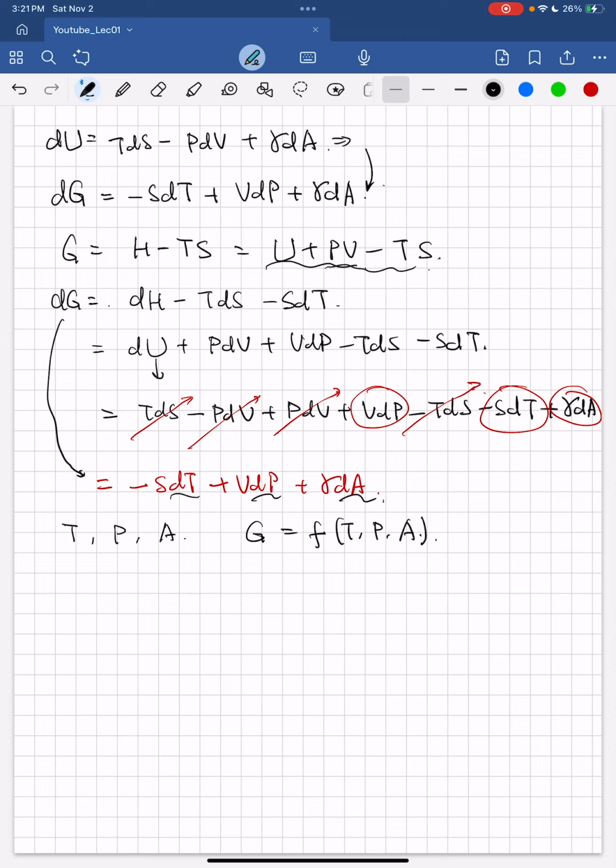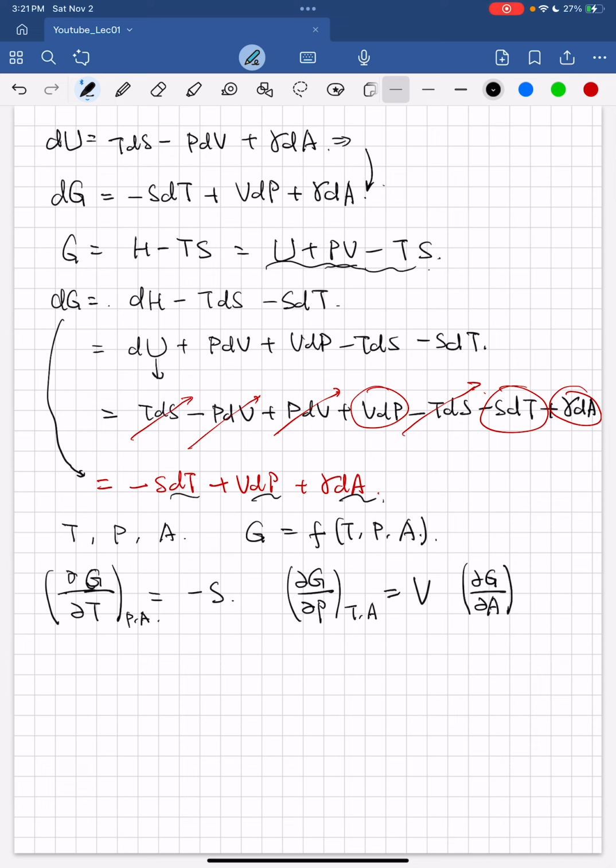Then you can get ∂G/∂T at constant P and A becomes minus S, ∂G/∂P at constant temperature and area is volume, and ∂G/∂A at constant temperature and pressure is... okay, here it is not Gibbs free energy, it's surface energy.